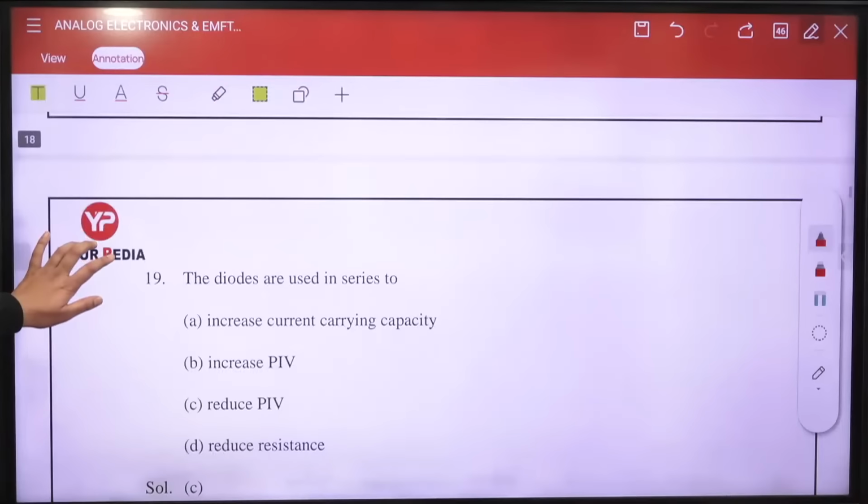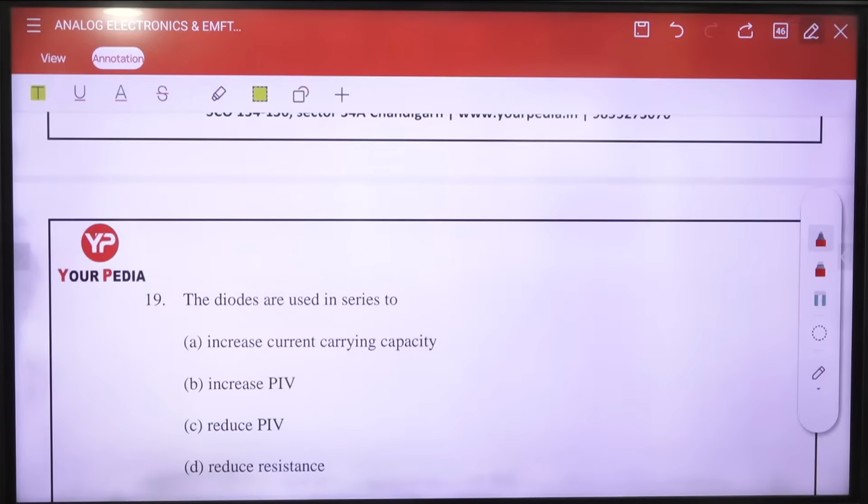Next: diodes used in series to increase. If you are using two diodes in series, that will change which thing?